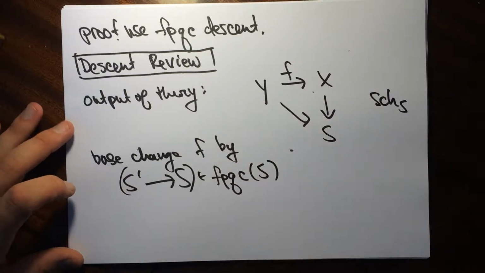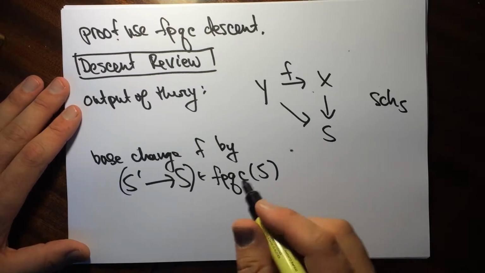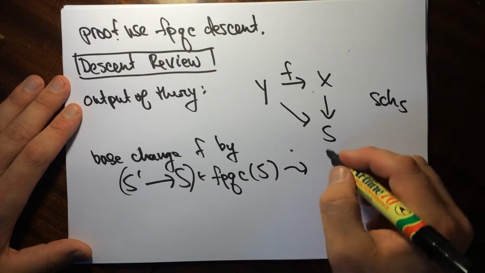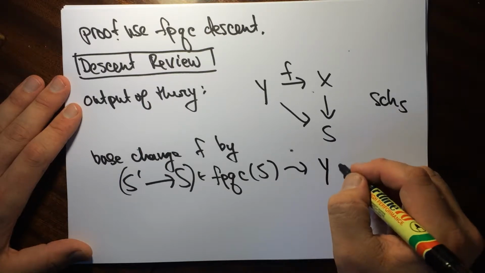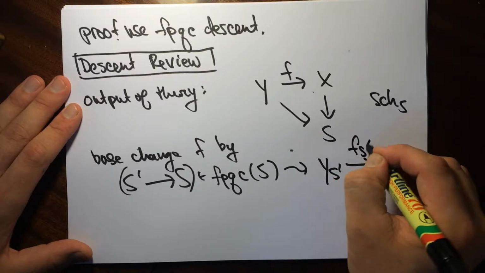So this is a base change by this, and then what will end up happening is that this will induce a new map, say from Y_{S'} to X_{S'}, and we can call this f_{S'}.